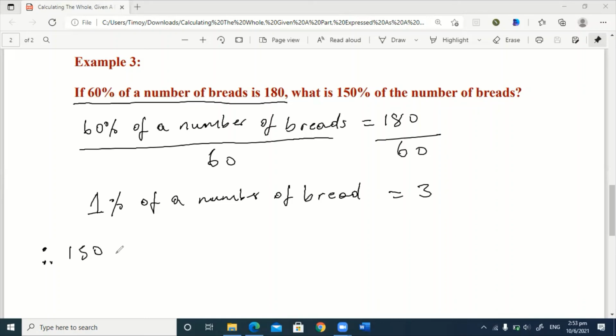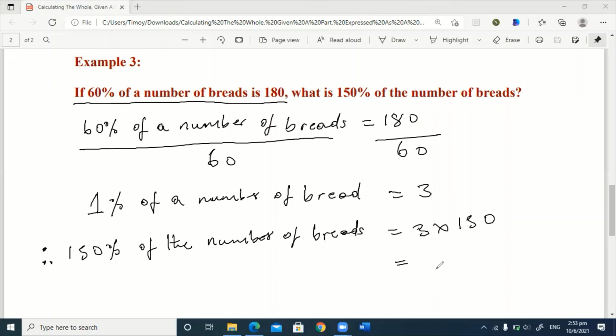150% is going to equal 3 times 150. And what is 3 times 150?